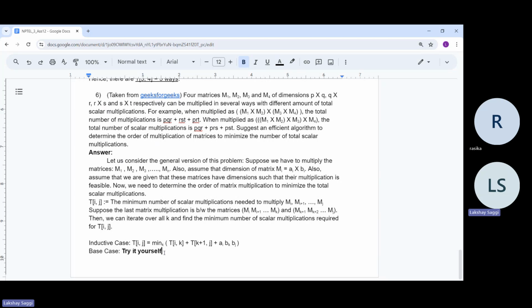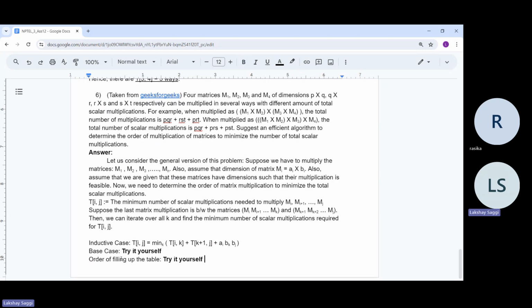And note how we will fill up this table. I comma j needs something like I comma k and k plus 1 comma j. So this is also something you need to keep in mind, and you can think about the order of filling up the table yourself, which I leave to you because I don't think it's too difficult.